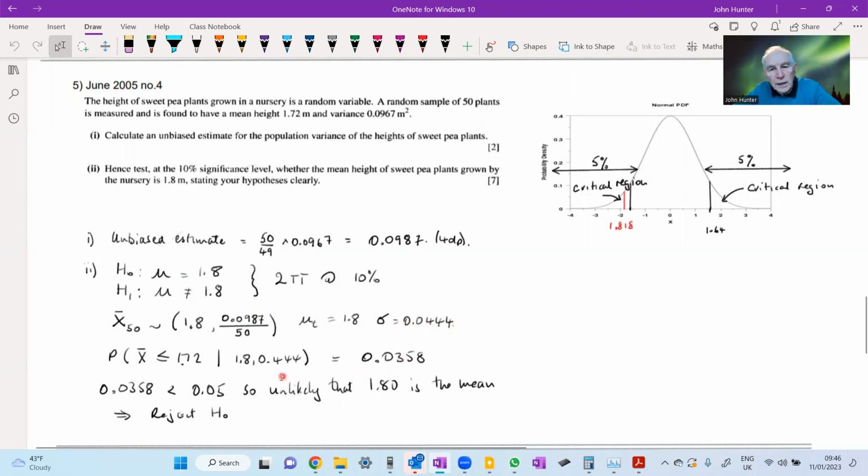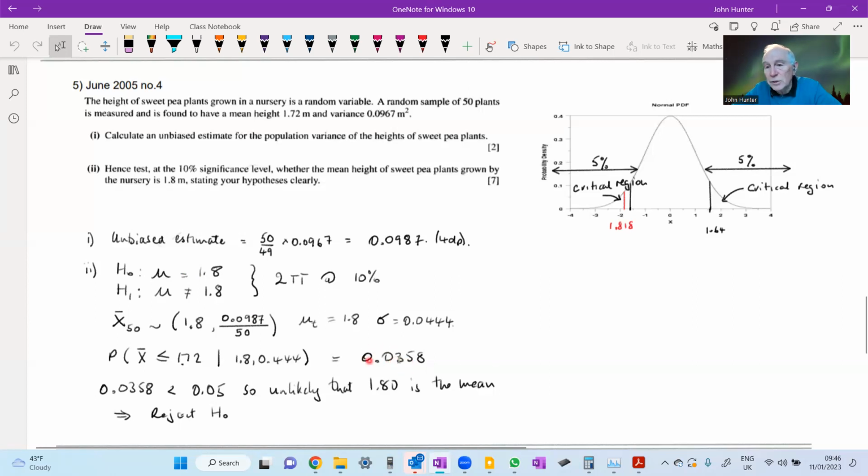So then what is the probability of getting a test statistic of 1.72, given those parameters? That turns out to be 0.0358. Now we're testing that against half of 5%, because it's a two-tailed test. So we're testing against 0.025.